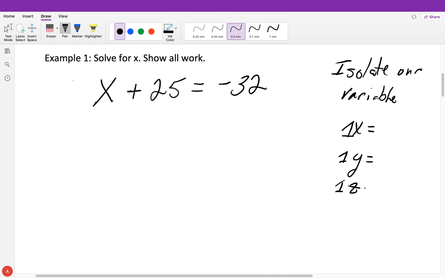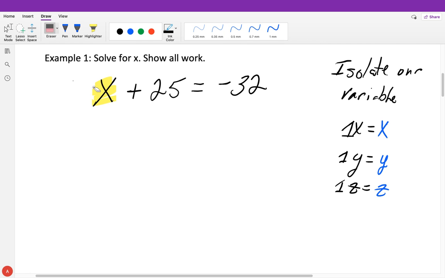When there's no number written in front of it, like there isn't here in front of this x, it is understood that there is a 1 in front of it. So even though we're not writing 1 in front of it anymore, we know that there is a 1 there. All these examples where I wrote 1x, 1y, we can just represent by x, y, and z. Our goal is to get that variable all by itself on one side of the equation and the number on the opposite side. So we're solving for it.